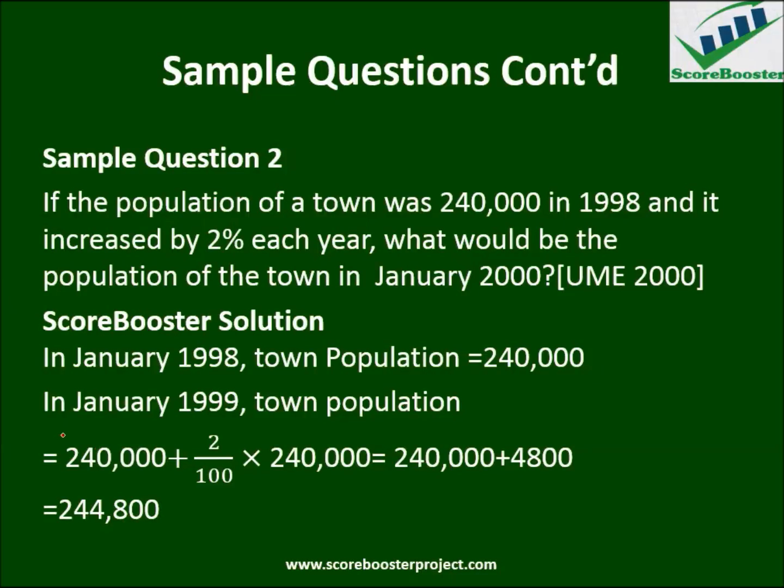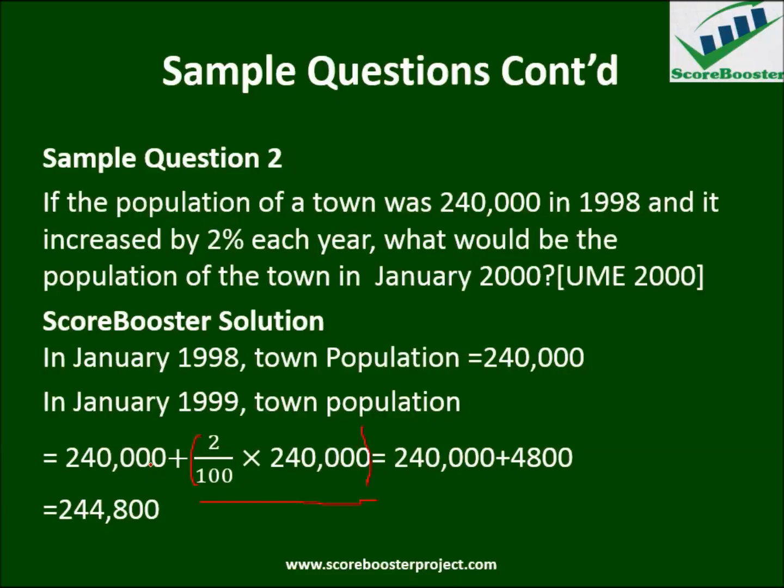So in January 1999, the town population will be 240,000 plus 2% of 240,000, which is the increment. Here this evaluation is for the increment, 2% of 240,000.